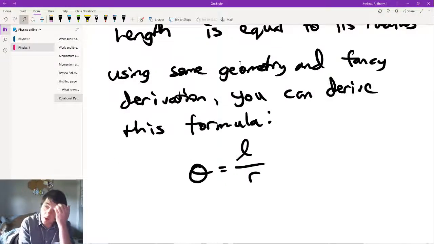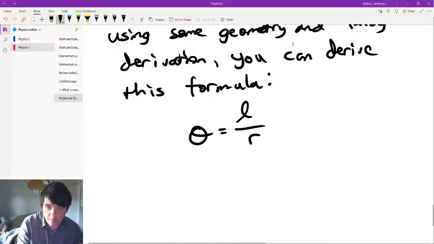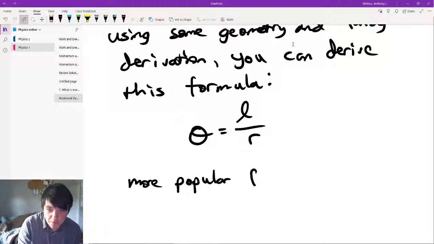And if the arc length and the radius equal each other, that's the definition of a radian. That's 1 radian. Then your angle would be equal to 1. Here, the more popular form, I believe, is L equals R theta. You just multiply that guy over.